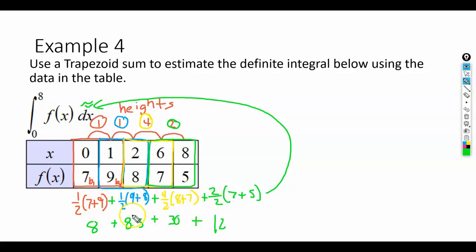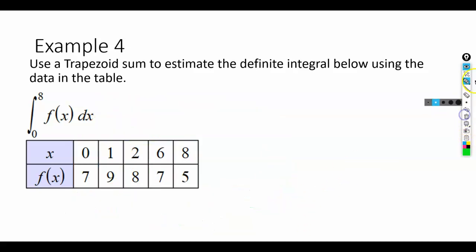If you forget the pluses, then the people grading your AP exam may wonder, does this person really know you're supposed to add all these together afterwards? So this is an acceptable answer, and you can totally leave it like this. If you want to go all the way, go ahead, but this saves you time and also possibly making an error. Just don't forget your components there. That is a trapezoid sum with a table.